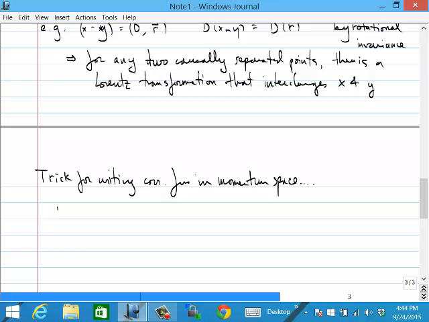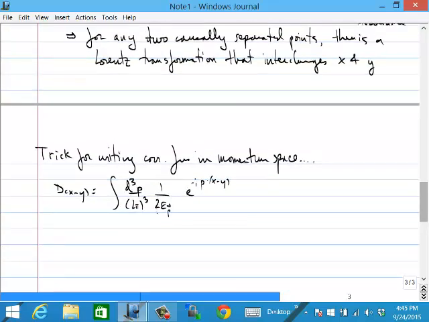So remember that this correlation function, let me just rewrite it for you here, was the integral d3p of 1 over 2 E_p times e to the i p, maybe there's a minus sign, dot x minus y. Now, I want to look at that factor there, that 1 over 2 E_p.